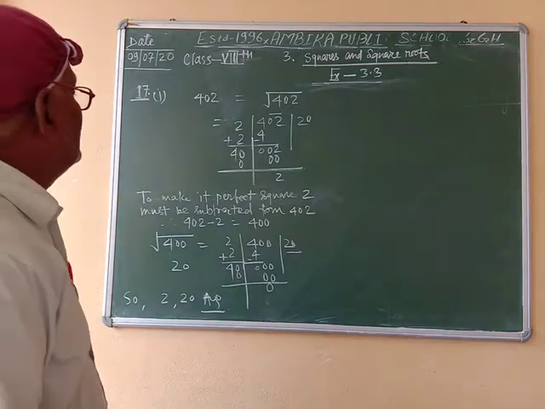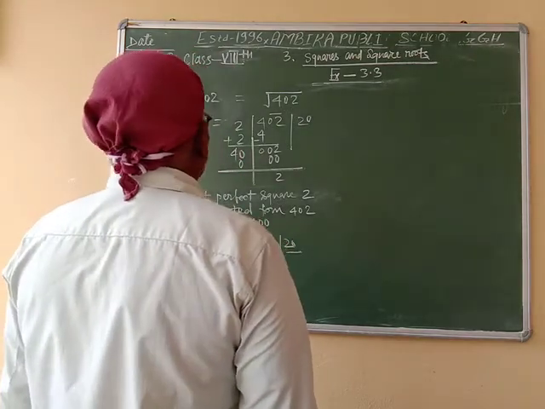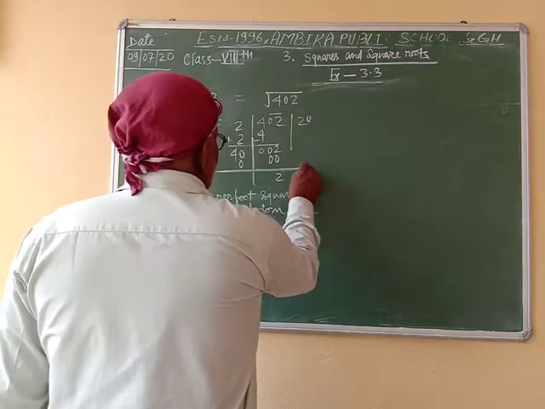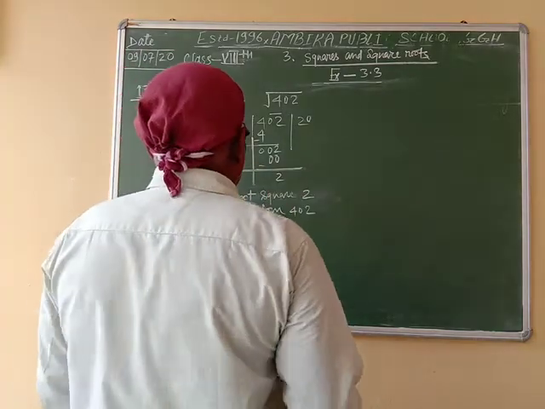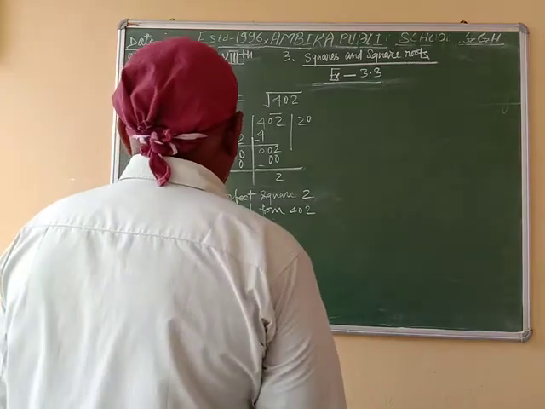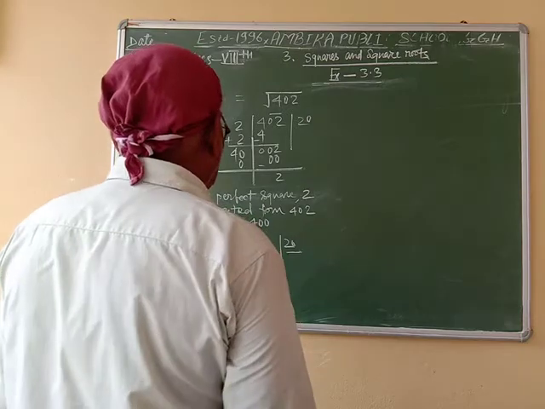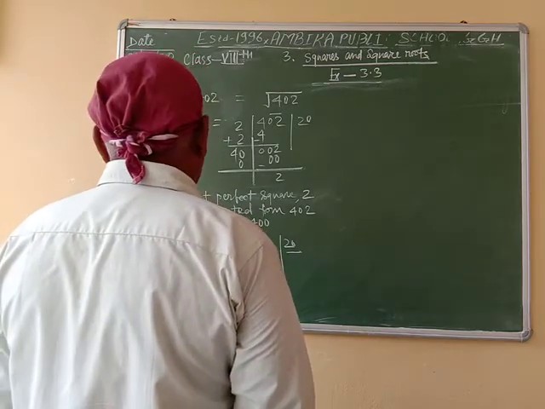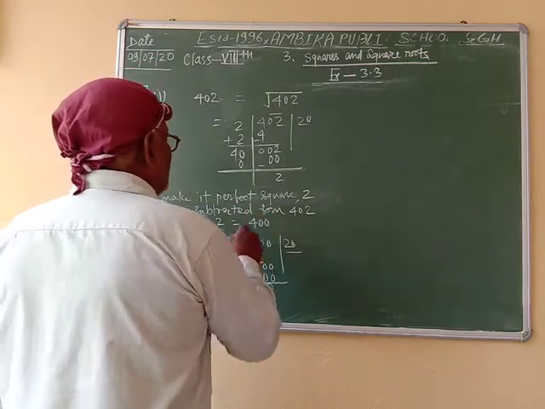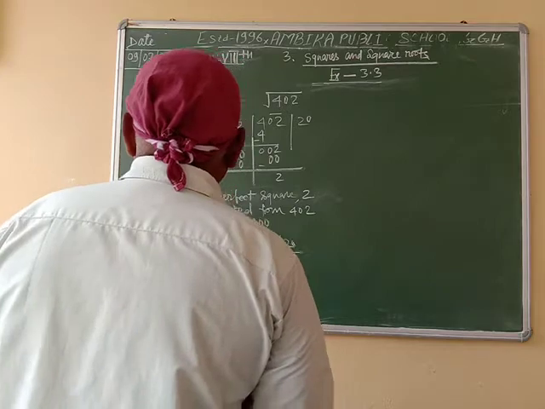First of all, we find the square root of 402. Here 2 is the remainder. So to make it a perfect square, 2 must be subtracted from 402. After subtraction, we get 400, and the square root of 400 is equal to 20.